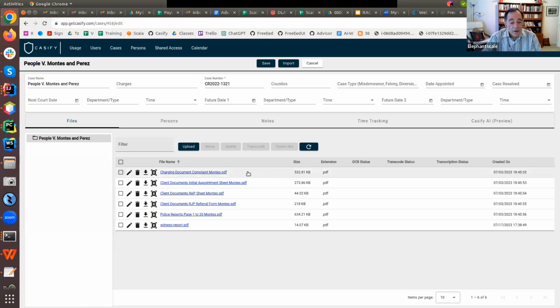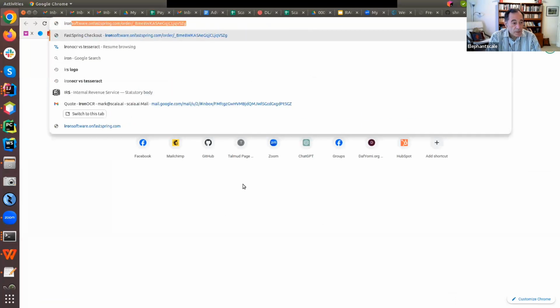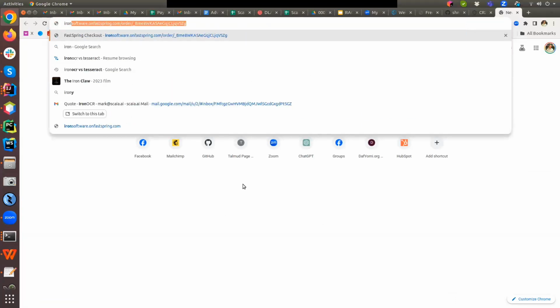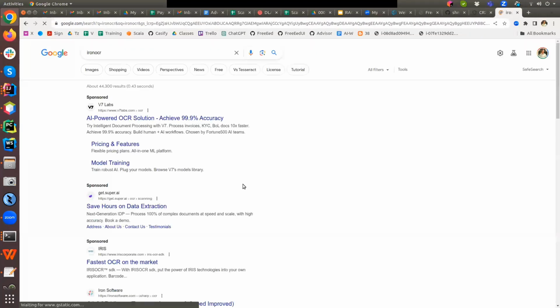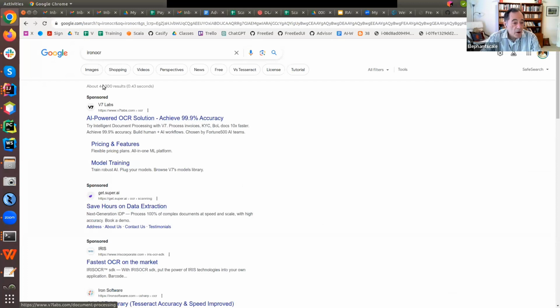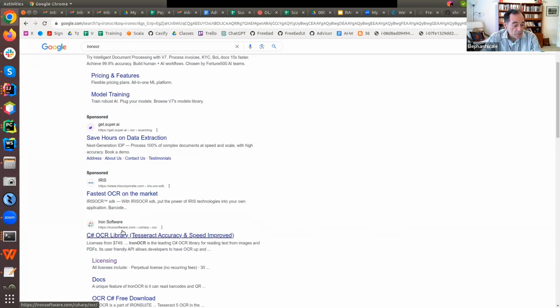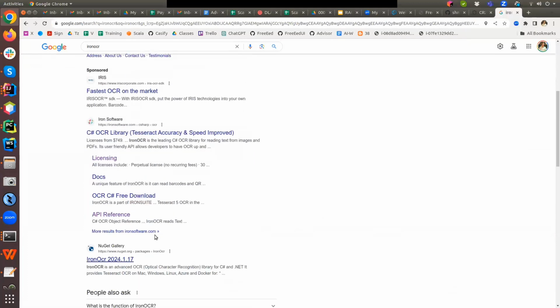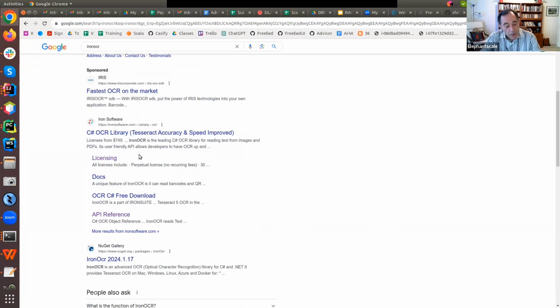And we found a different OCR engine. It's Iron OCR. You start searching and you buy that software, because there are quite a lot of offerings where you pay per document, and you cannot really build any serious application paying others per individual document.